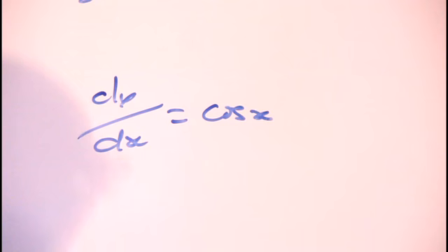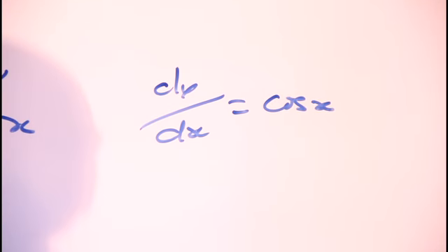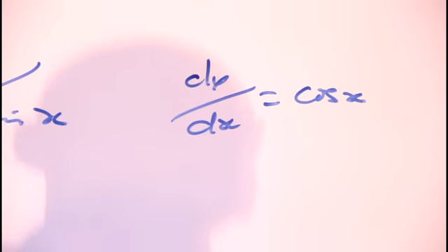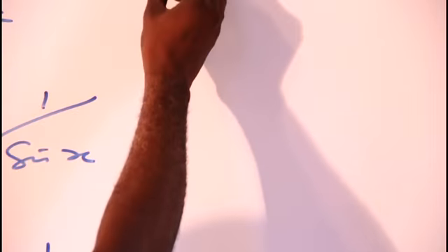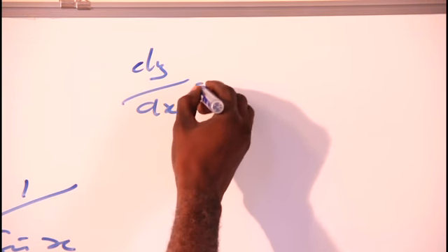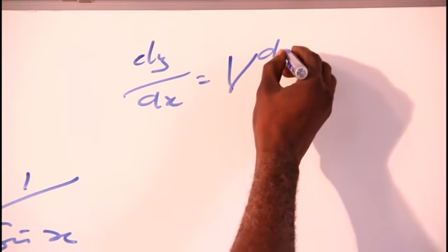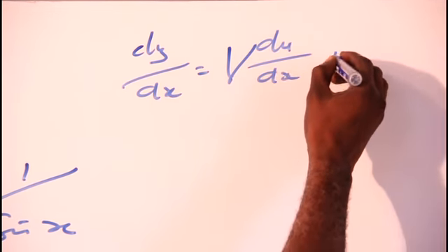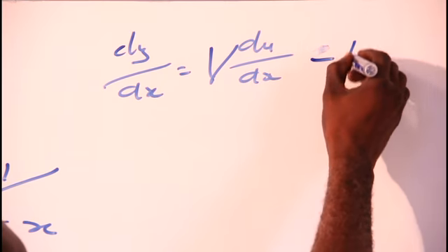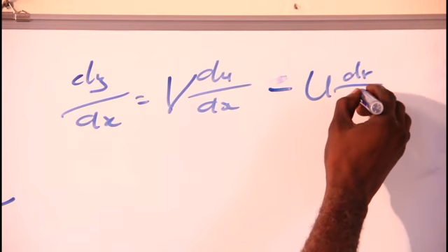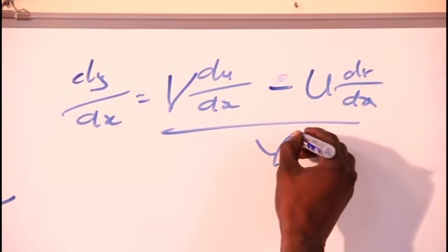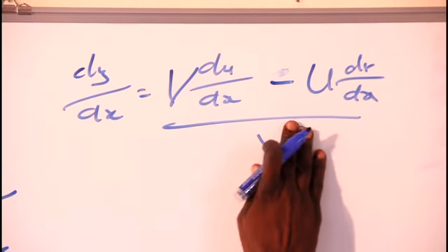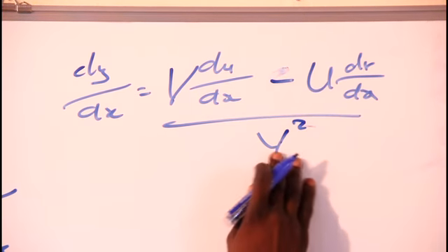So if we substitute this into the quotient rule, that is dy over dx being equal to v du over dx minus u dv over dx all over v squared.